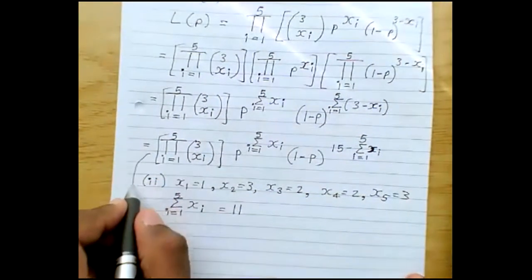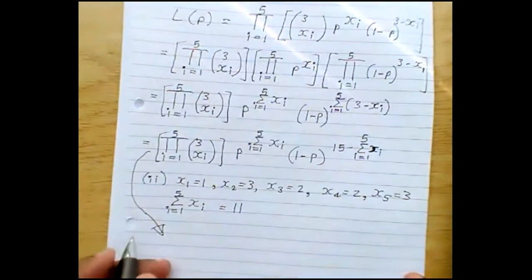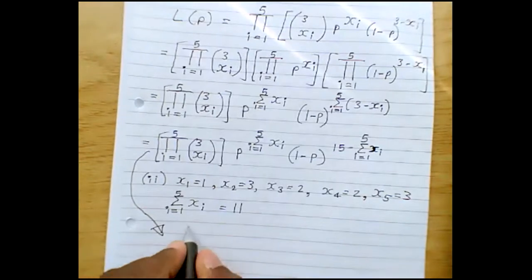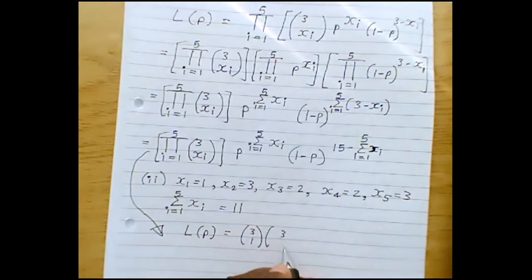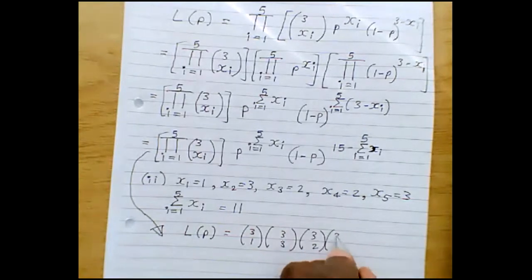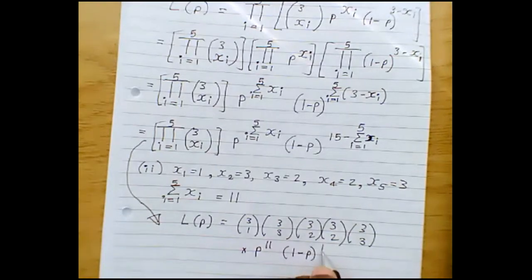So this is going to be equal to L of p: 3 choose 1, 3 choose 3, 3 choose 2, 3 choose 2, 3 choose 3, multiplied by p to the power 11, 1 minus p to the power 15 minus 11.